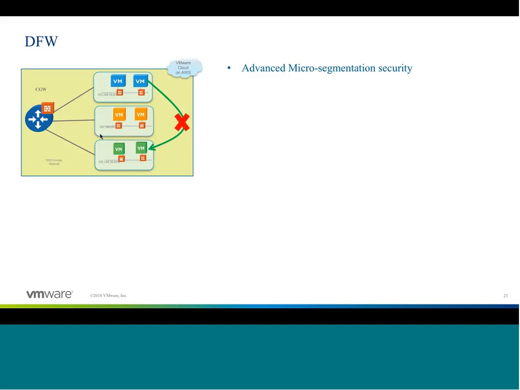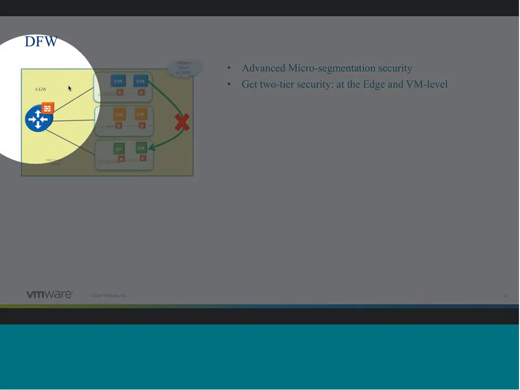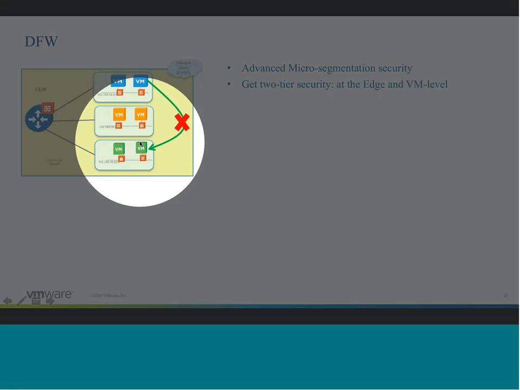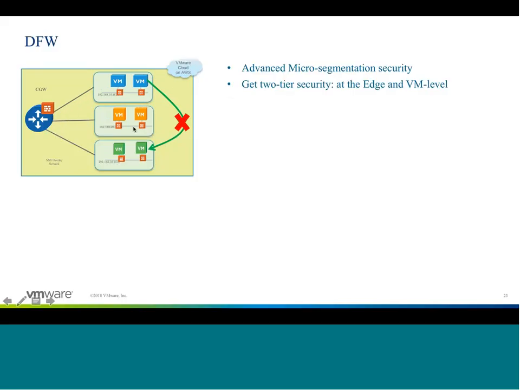So now with the NSX-T SDDC, we have this advanced microsegmentation security. We get two-tier security, both at the edge and at the VM level, right? So we can configure firewall policies at the edge for north-south access, and then we can use microsegmentation within the SDDC to control east-west access.